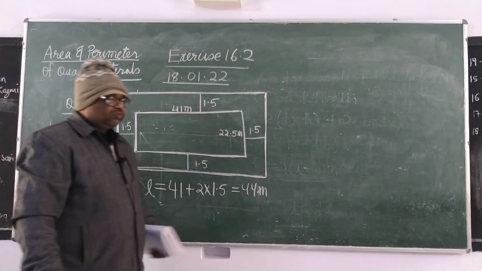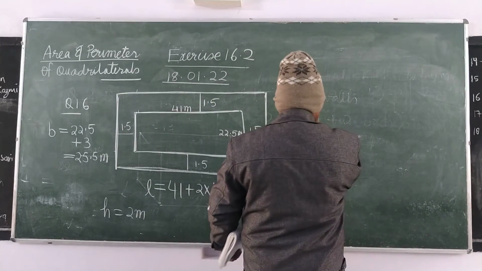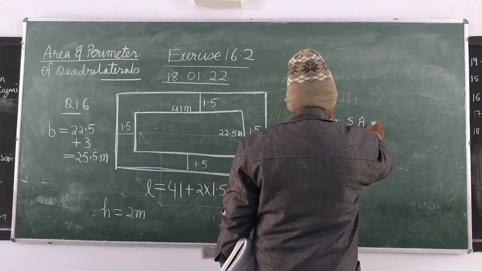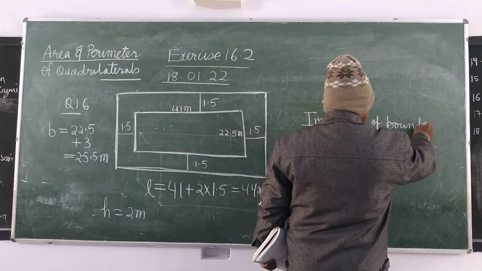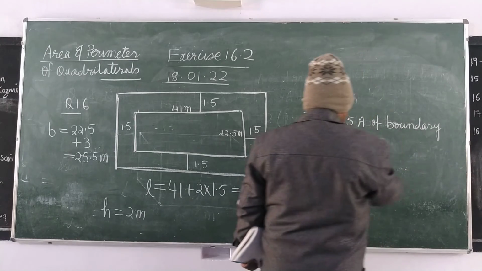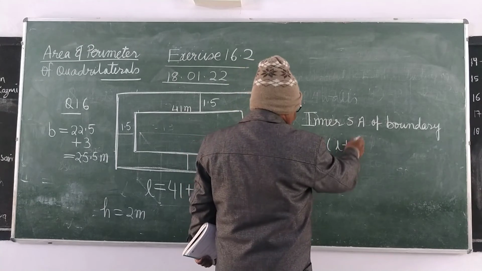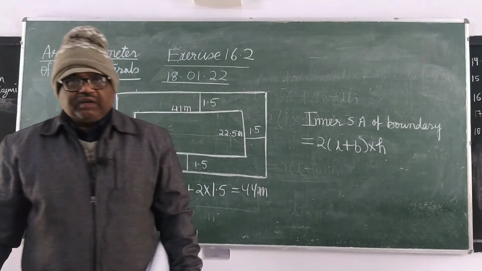So what is the area, inner surface area of boundary wall? By using this formula which you have used in the previous question, L plus B into H. Everything is given, you can find.